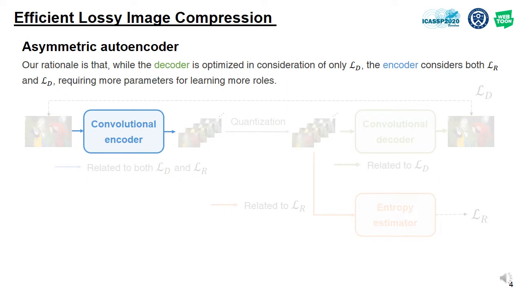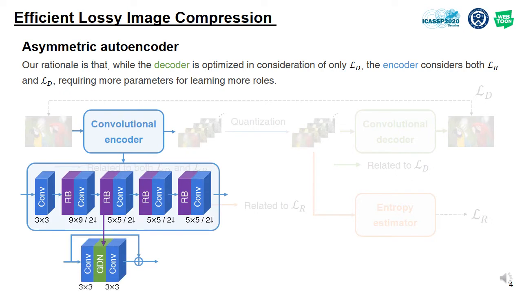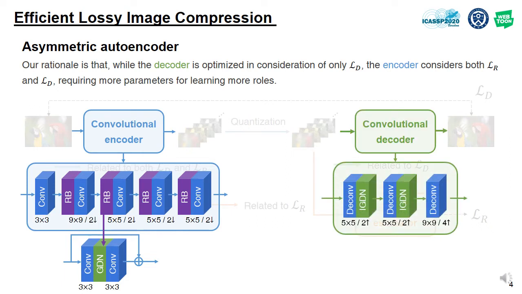In this regard, we designed the convolutional encoder deeper than the convolutional decoder. Specifically, our convolutional encoder consists of one convolutional layer and the combination of a residual block and a convolution layer is repeated 4 times. And the convolutional decoder consists of only 3 deconvolutional layers.